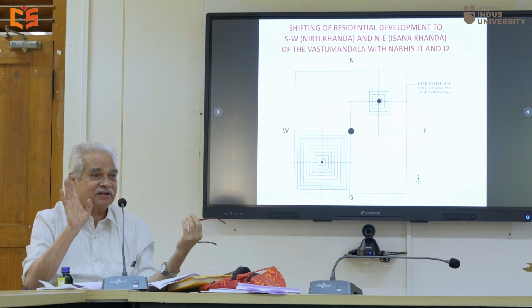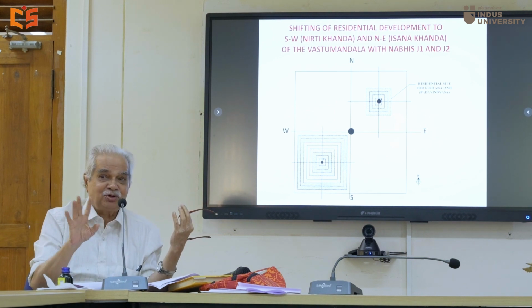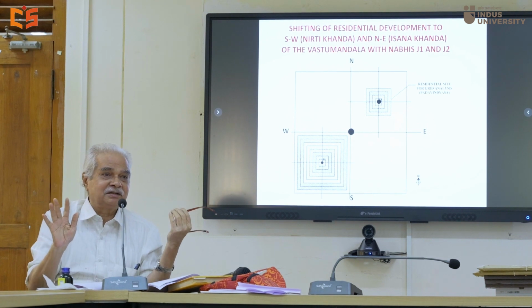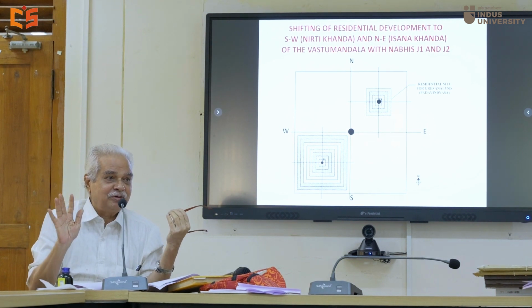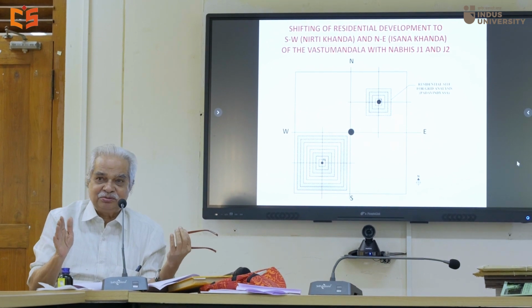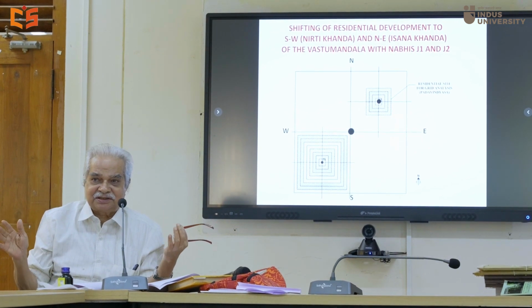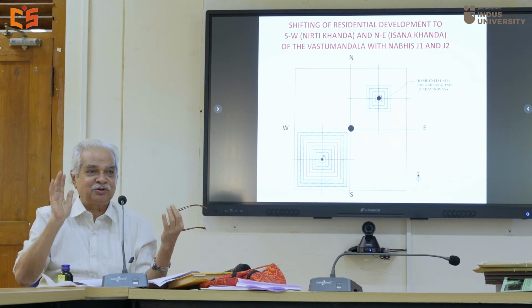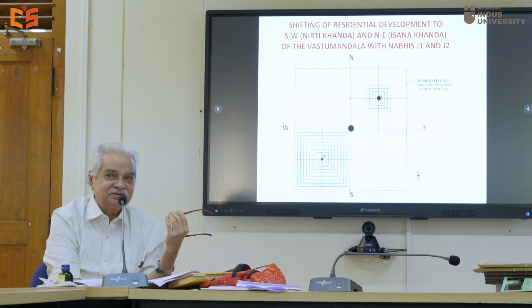for the commoners. For the commoners, not for the kings, but for a common man, for the common people, your plot size should be restricted to 16 hasta by 16 hasta or maximum 32 hasta by 32 hasta.